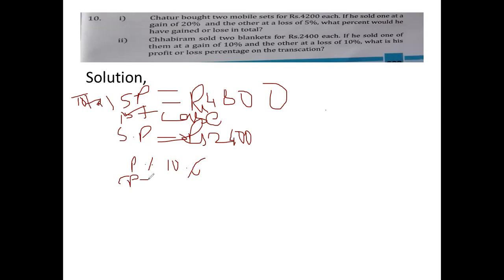CP equals SP into 100 by (100 plus profit percentage).